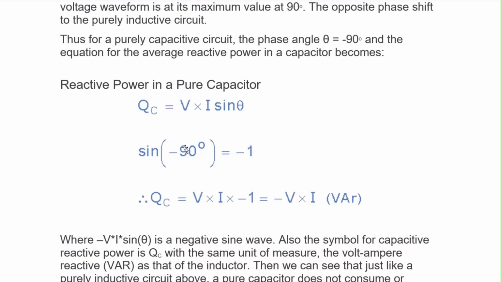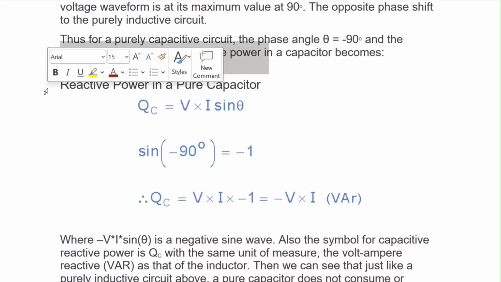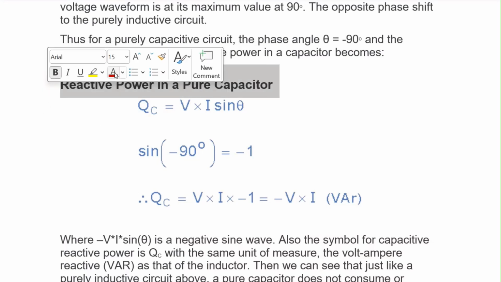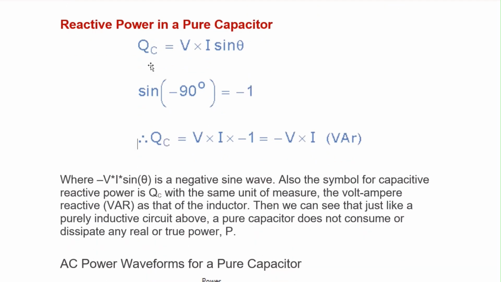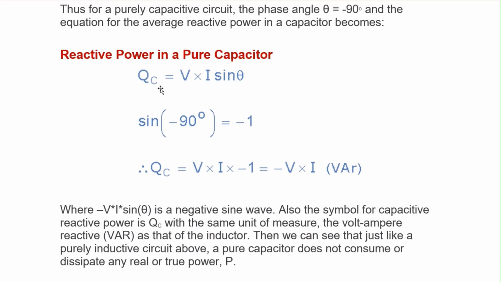So it doesn't consume. But when you want to show how much power it has, you take the sine value of that. So it becomes QC equal to V. This is also reactive power, but it is shown as QC.